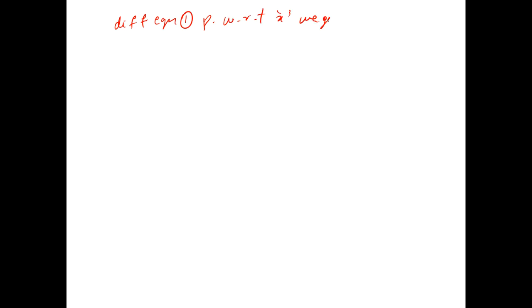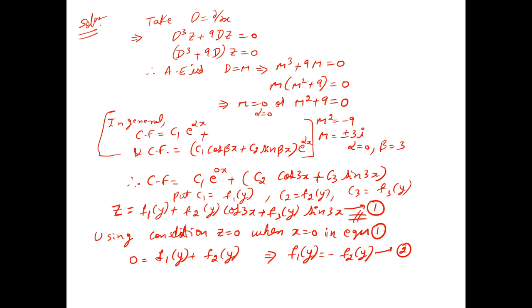We get, very simple, students, you have to understand. So dou z upon dou x is equal to, now here you can see, when you differentiate, f1y is constant, differentiation is 0, f2y is again constant, take it outside, only cos 3x. So differentiation of cos 3x is minus 3 sine 3x.